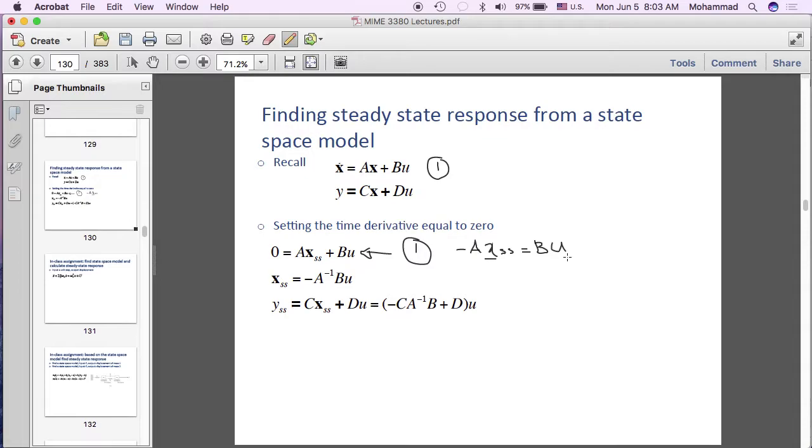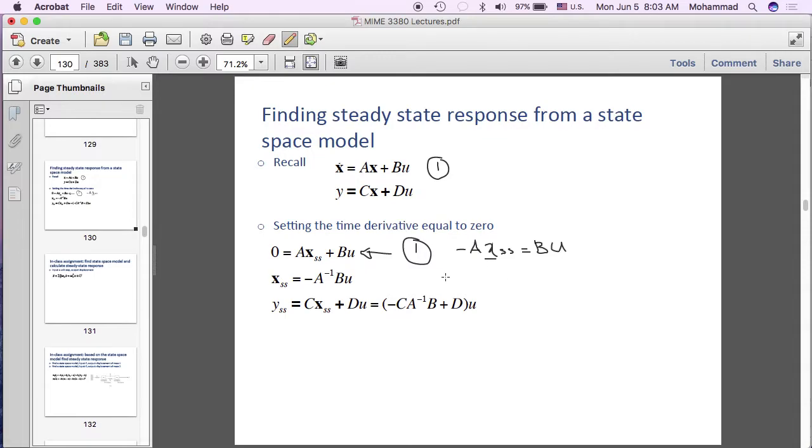Our natural tendency is to divide by A, by coefficient A. But because we are dealing with matrices, instead of dividing, we pre-multiply the whole equation by the inverse of the matrix that we want to get rid of. So in other words, you take this equation and multiply A inverse by both sides of the equation.